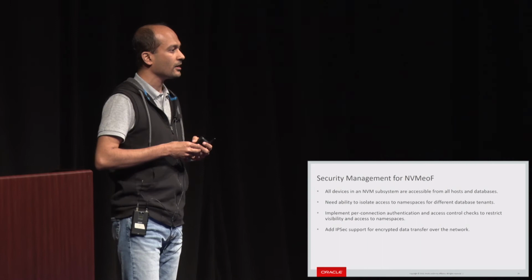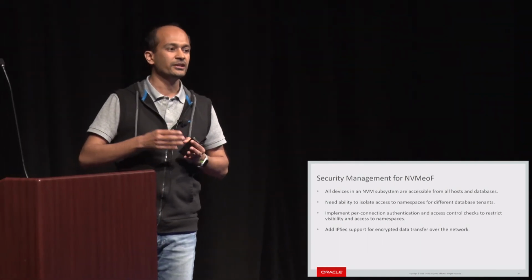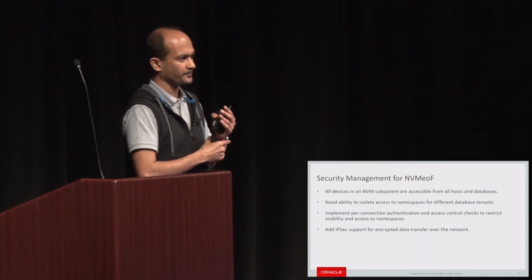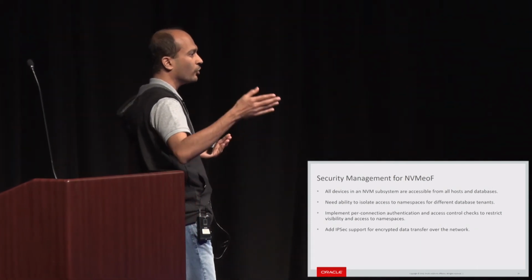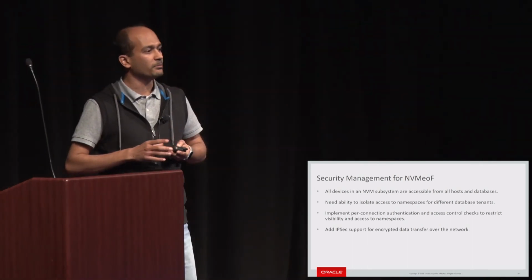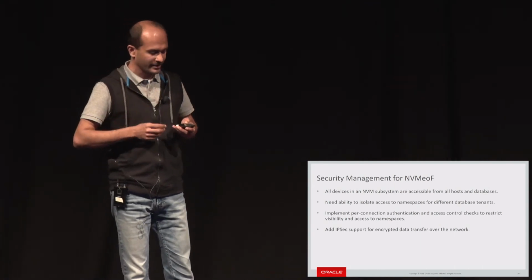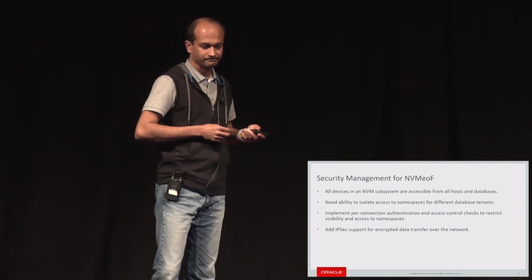The other aspect, which is outside of SPDK itself, is potentially using encryption of data that's going to remote targets over the wire. So we'll be looking into IPsec as well to encrypt data that goes over the wire.